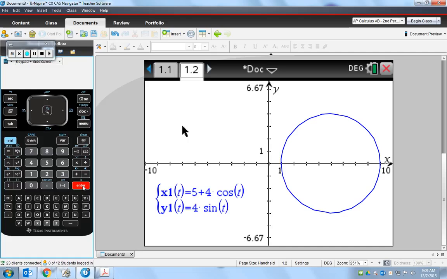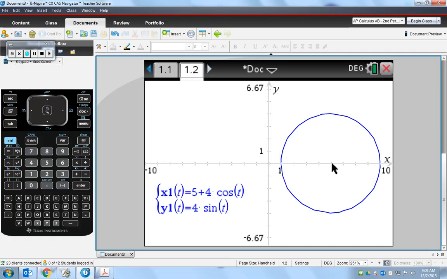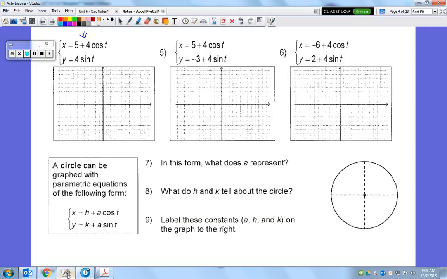In fact, this one, if you were to eyeball it, 1, 2, 3, 4, 5, this looks to be the center over here. Okay? So the center actually is going to become 5, 0 because here I have a number outside of this product piece. It's like, if I could rewrite it, 4 cosine of t plus 5.